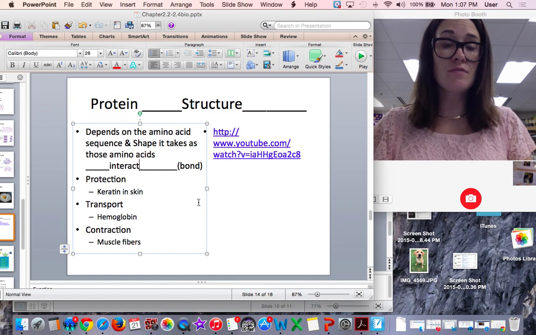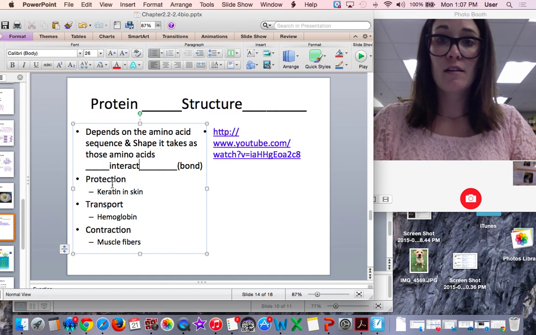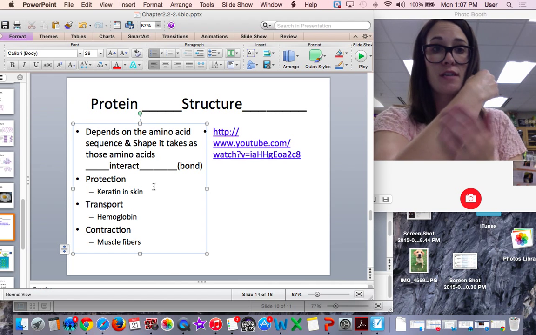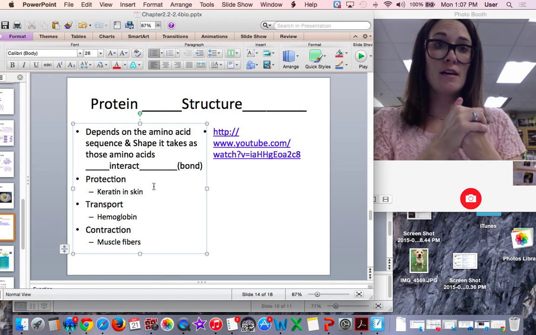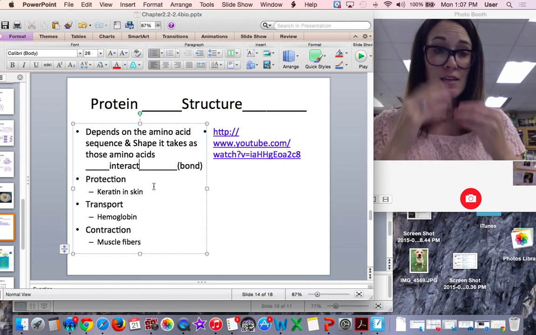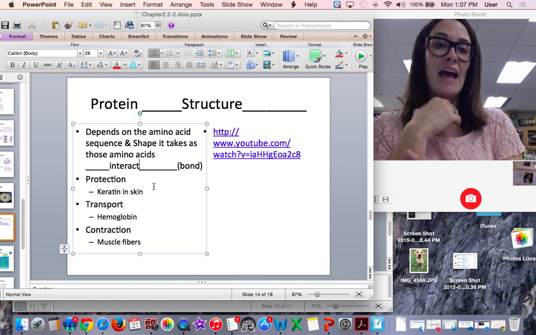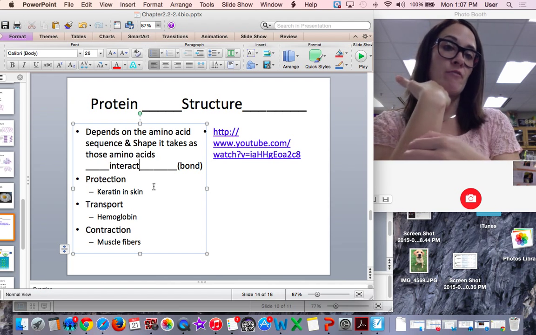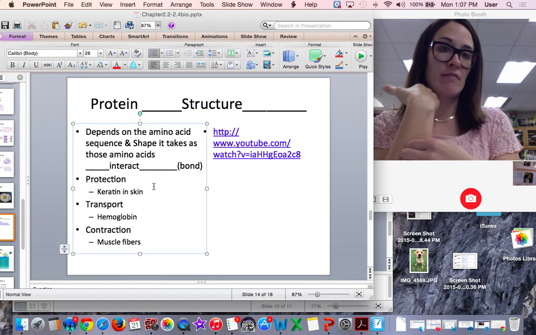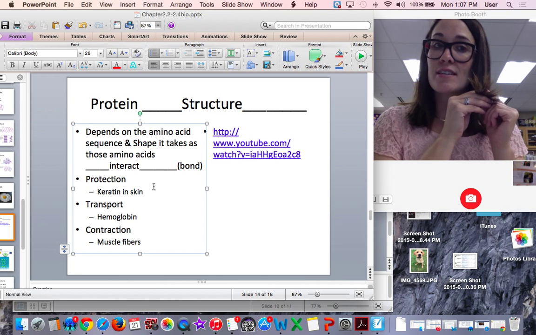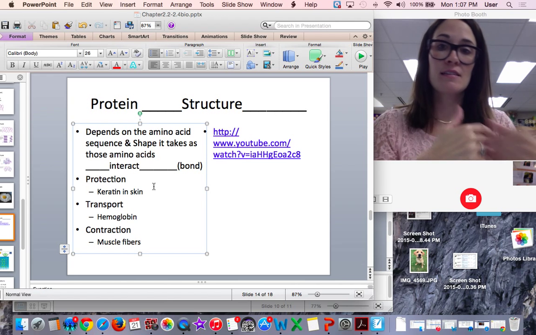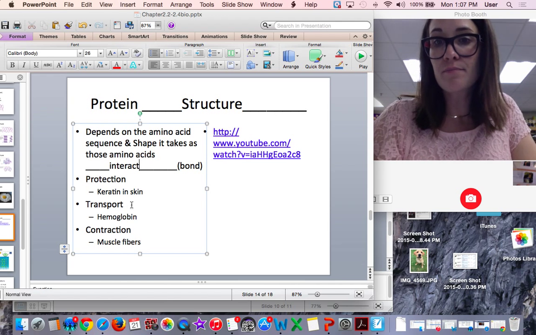Some examples of different proteins in the body. Keratin in your skin is waxy and tough, and so it helps protect your body from outside invaders, like bacteria. You also have keratin in your hair that helps protect the strength of your hair.